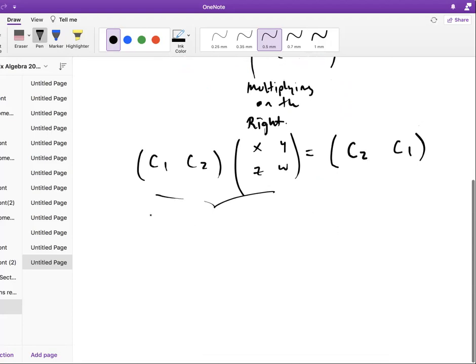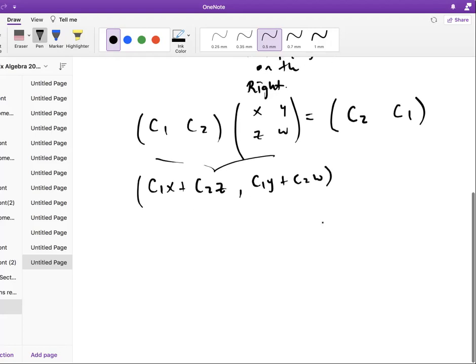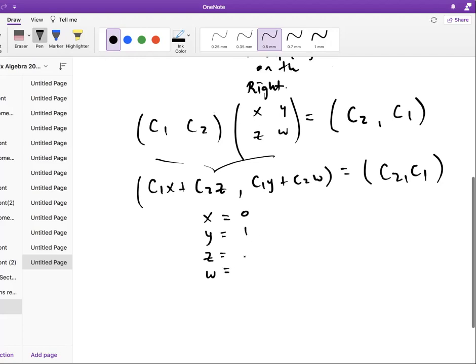It gives you C1x plus C2z and C1y plus C2w. Okay, so what does x, y, z, w need to be to give you C2, C1? Yeah, it's the one that we had before.